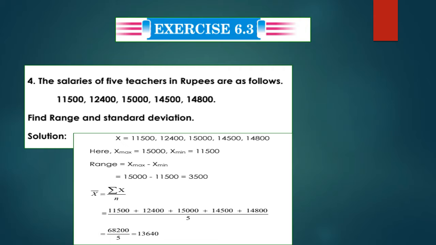Now find the standard deviation. First we will find x bar. Summation x divided by n, the sum of all the observations divided by the total number of observations, which is 5. So 68,200 divided by 5 will be equal to 13,640, which is the mean, x bar.